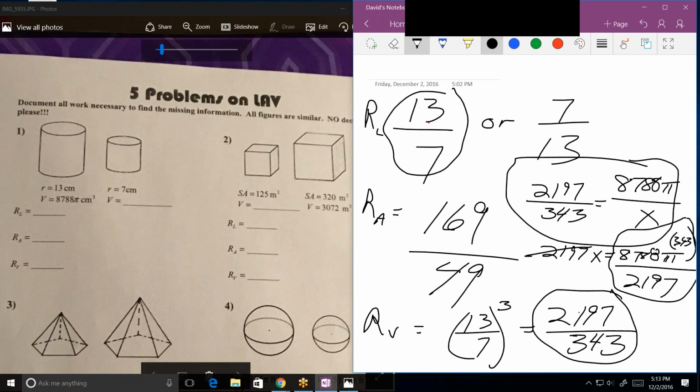What do you get? I don't know if this is correct, but I got 1,372. Sounds actually correct. What'd you get? 1,372. Pi or just that? Pi.